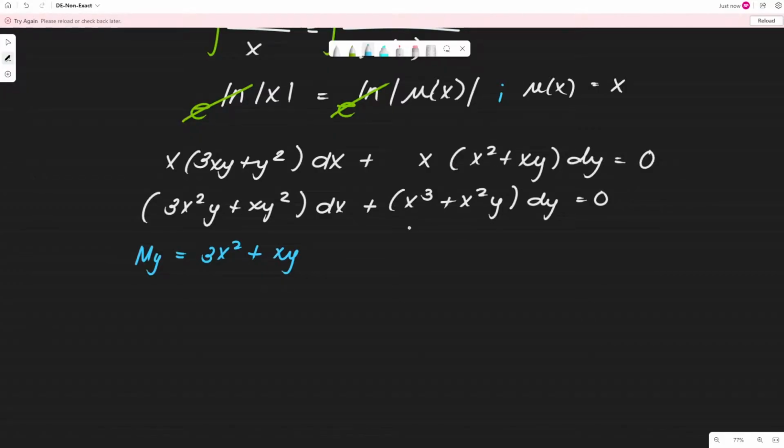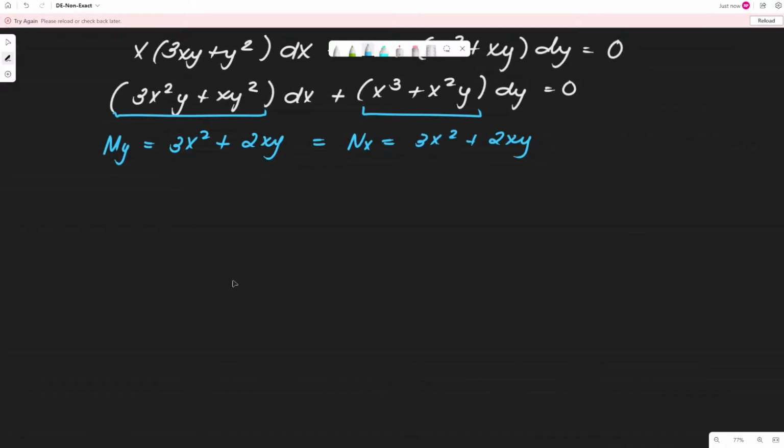And the partial derivative of this function, remember, this is our m, this is our n. So, the partial derivative of n in respect to x is 3x squared plus 2xy. Sorry, I forgot the 2 here in this term. So, palitan ko lang. Ayan. So they are already equal, hence our differential equation is now exact, no?